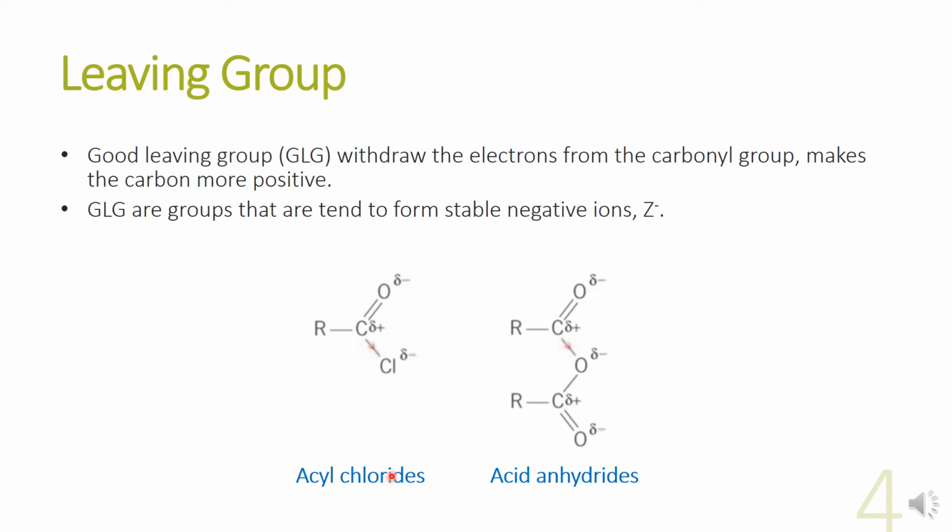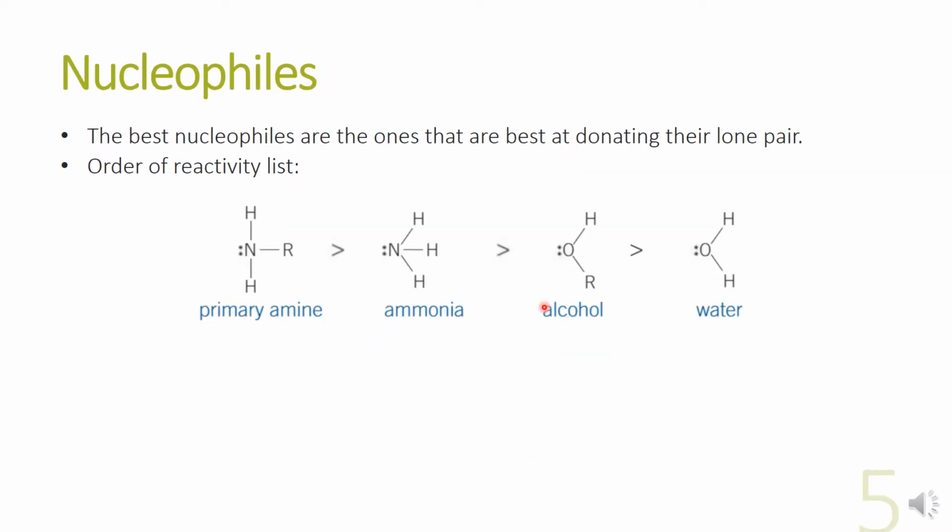And acyl chlorides have a better leaving group compared to the acid anhydrides.